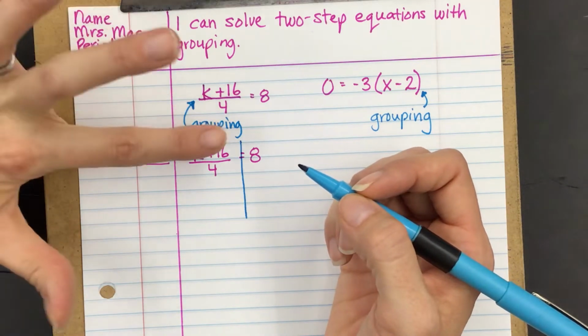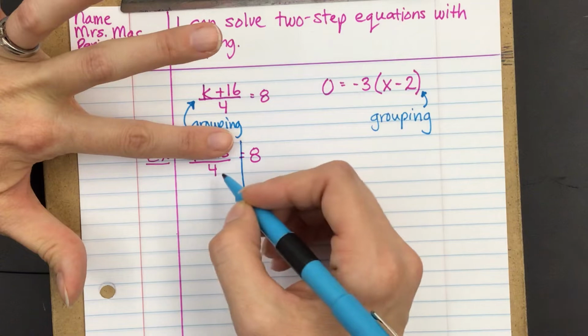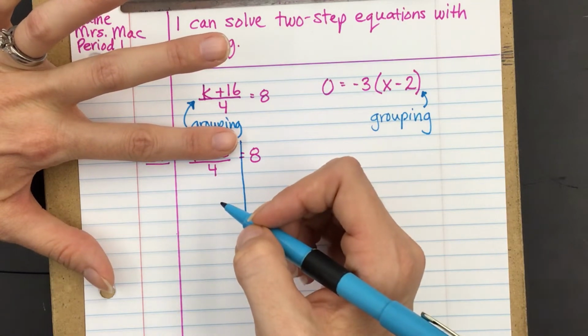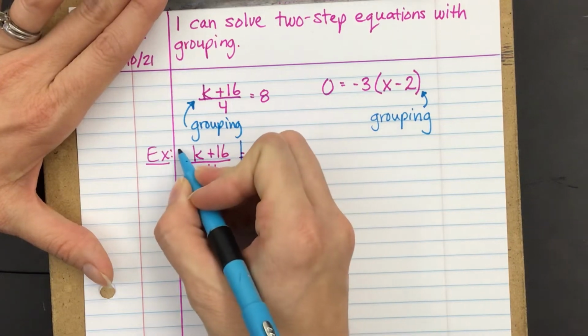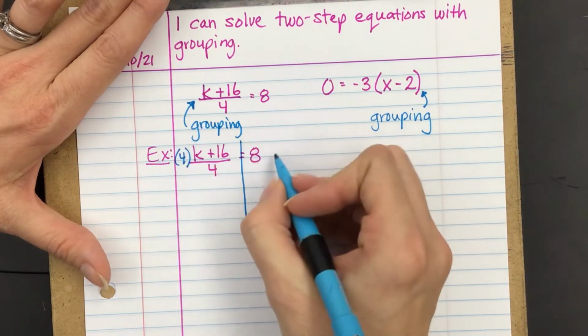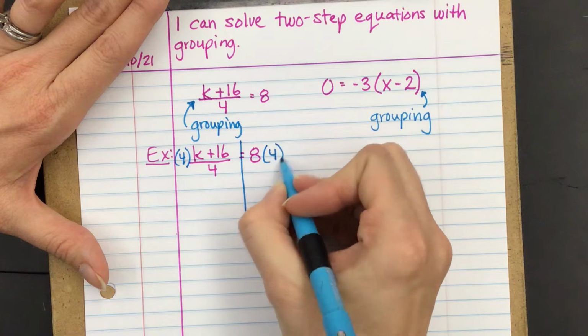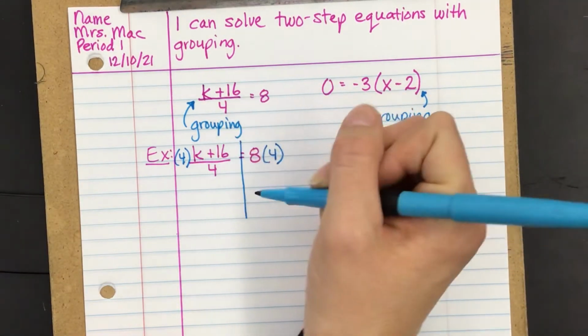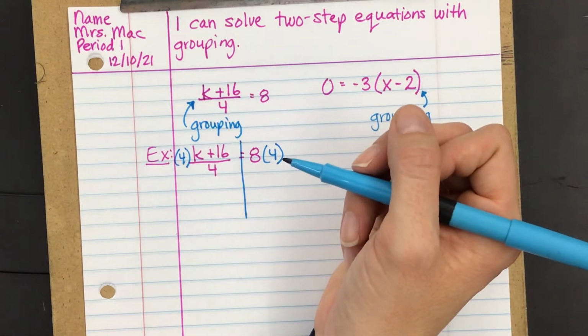So I would cover up what was grouped. I would say, oh, now we're dividing by 4 here. The opposite or the inverse operation here would be to multiply by 4. So I would multiply by 4 here and here. So today, in this form, we will multiply and divide first.